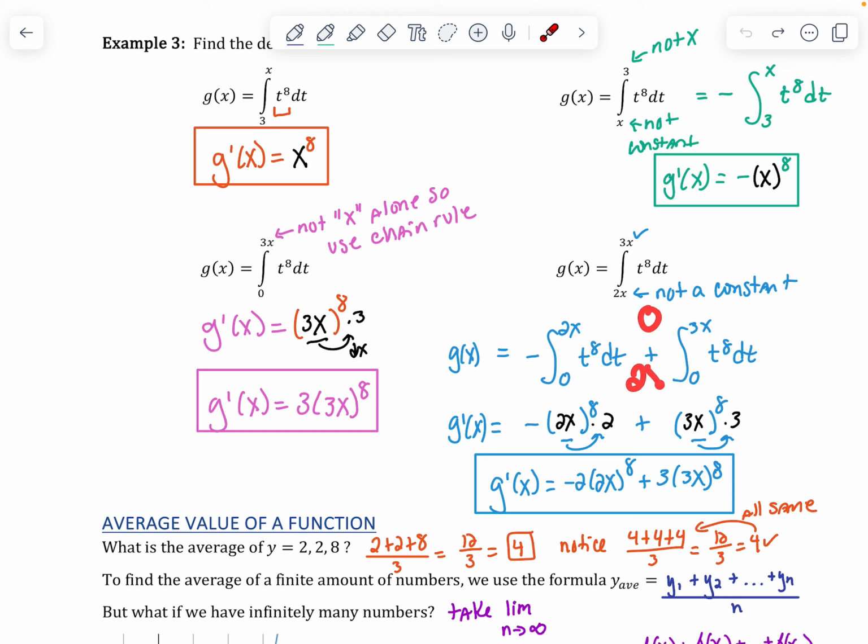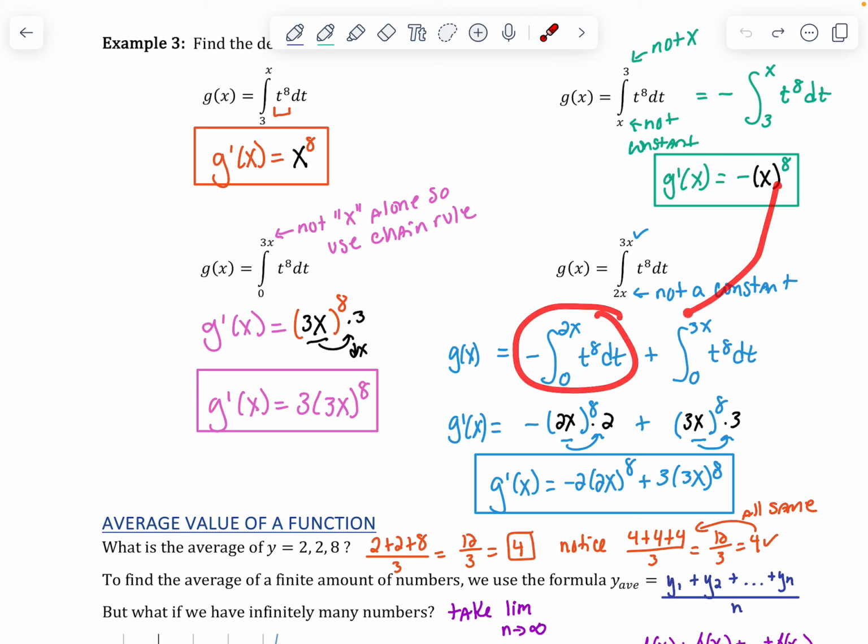So if I had my 0 and my 2x, then these would have added back up to integrate from 3x and 2x. So what I'll do is, instead of putting the 0 up top and the 2x on the bottom, I'm going to use the integration property where I can flip it, and then I can add it to another integral that does start from a constant. Hopefully I explained that well without seeing all these steps.